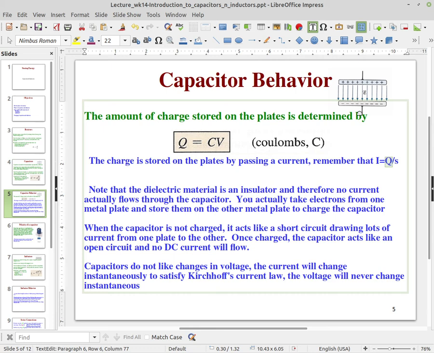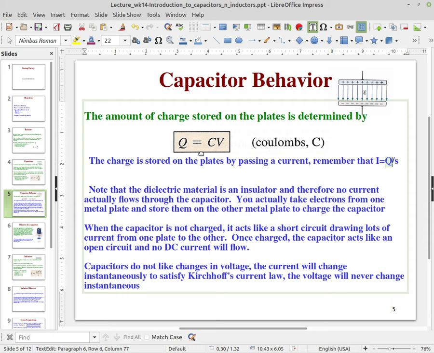Now, technically, current does not flow through the capacitor. What we basically do is take electrons off of one side and place them on the other side. So no current actually flows through a capacitor.